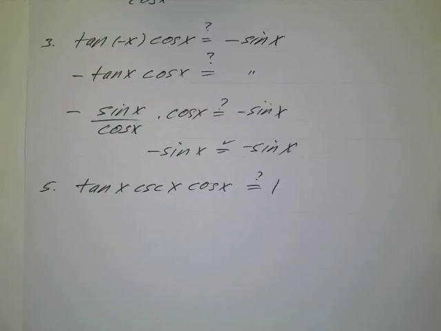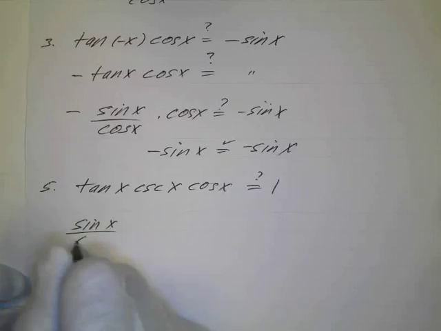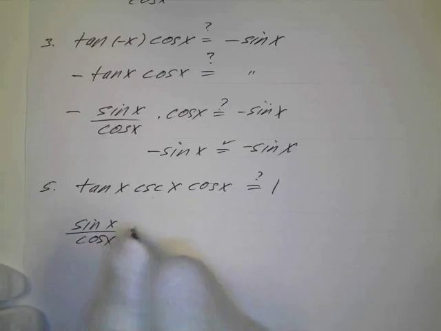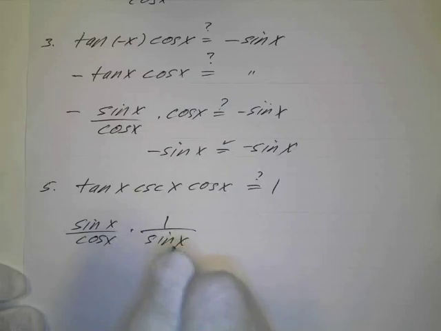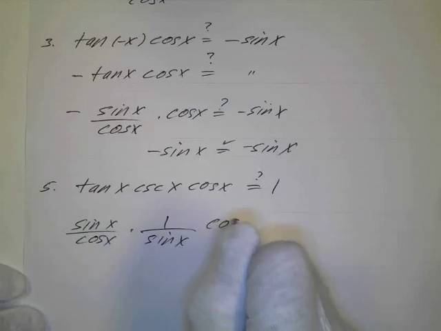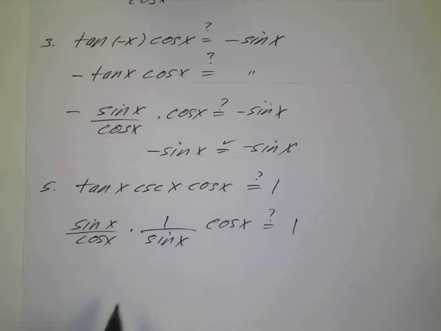So first of all, we'll try to get everything in terms of the sine and the cosine. So this is the sine of x over the cosine of x. We know that. This is 1 over the what? Sine of x. And this is the cosine of x. Does that equal 1? Well, look, this cancels there, that cancels there.